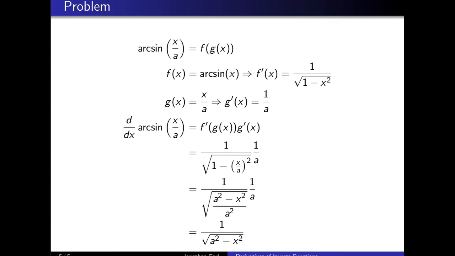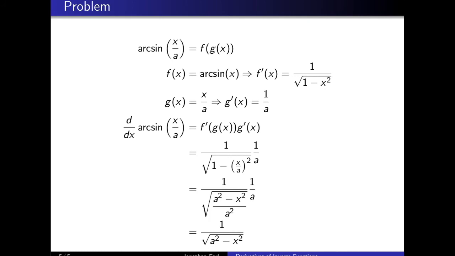From the chain rule, the derivative of arcsine of x over a is 1 over the square root of 1 minus (x over a) squared, times 1 over a. When we simplify things down a bit, the derivative is 1 over the square root of a squared minus x squared.